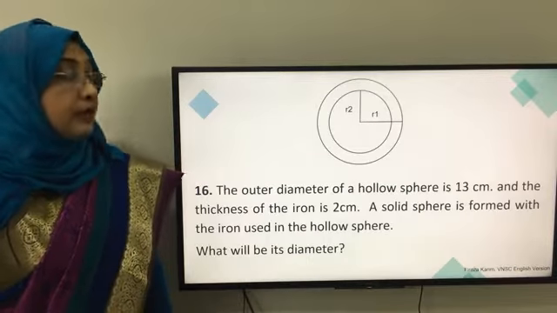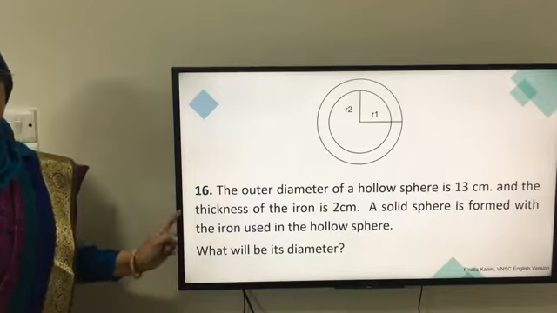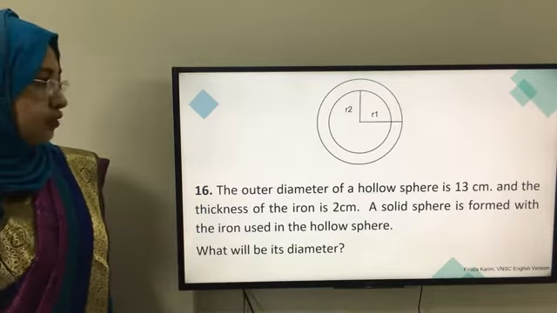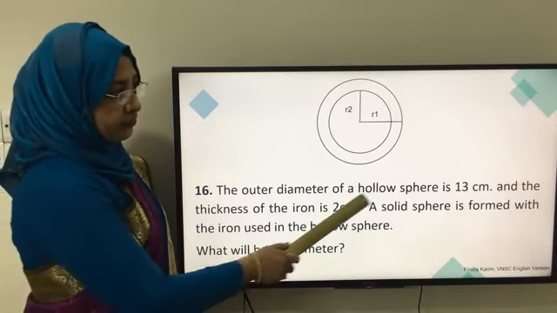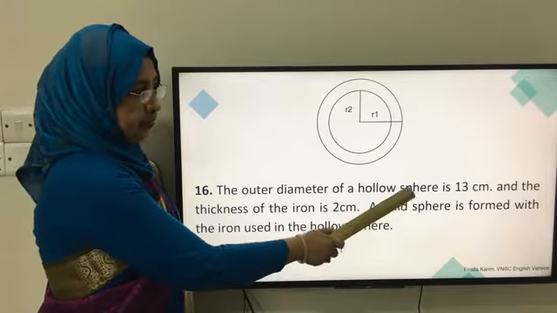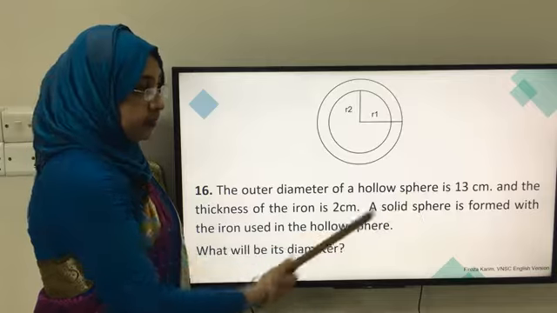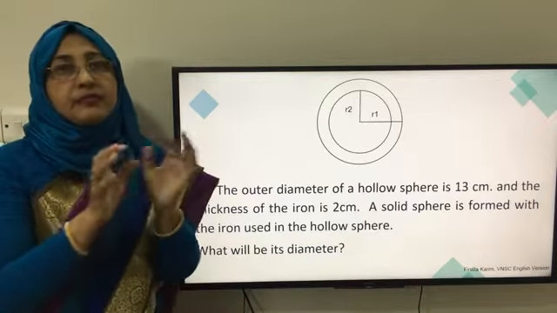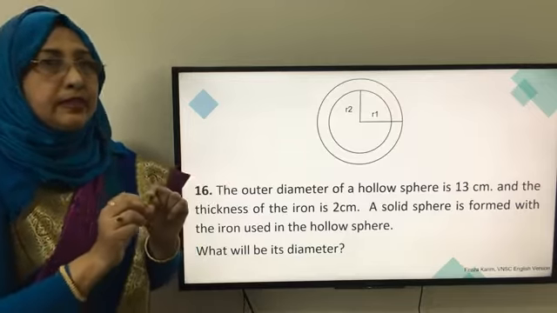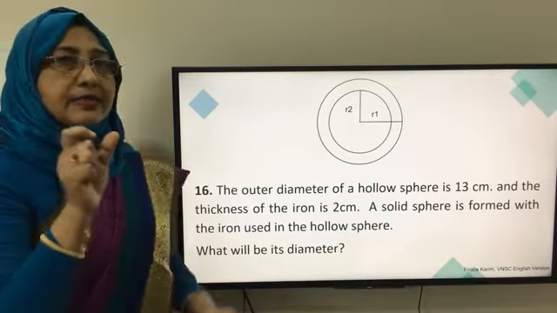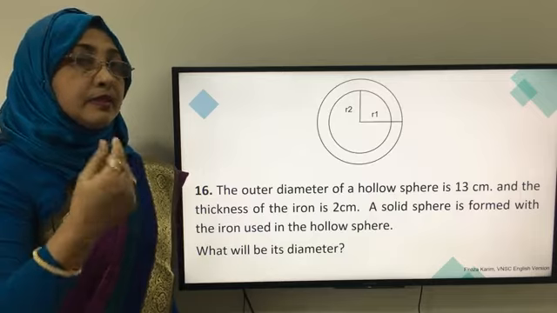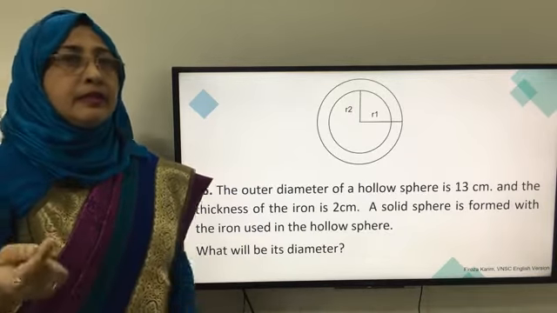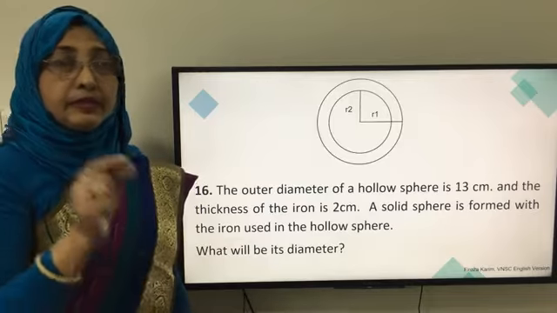Okay, girls. Now, this is problem number 16. The outer diameter of a hollow sphere. Do you understand what is meant by hollow sphere? Hollow sphere means the inside space is vacuum, but the sphere itself has some thickness of the material. If it is made of iron, then there should be a thickness of the iron.